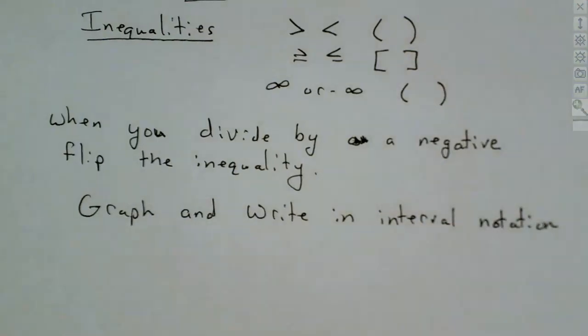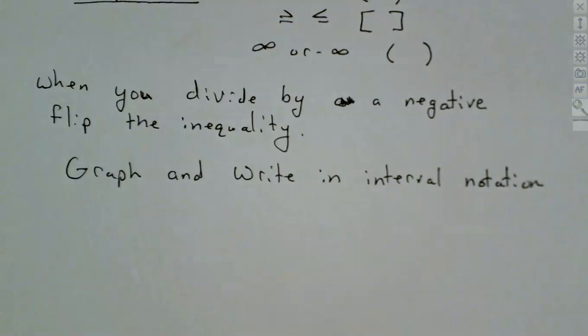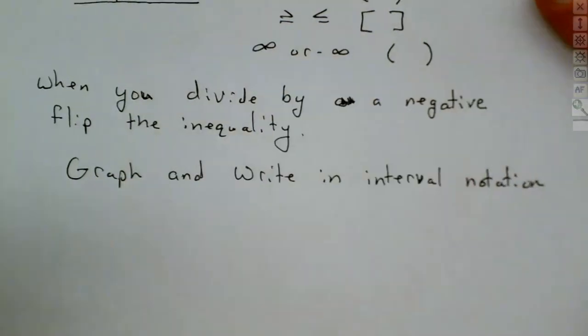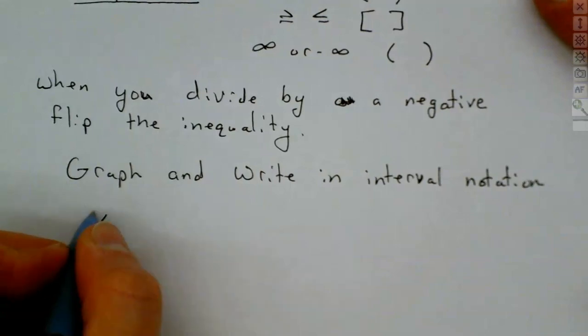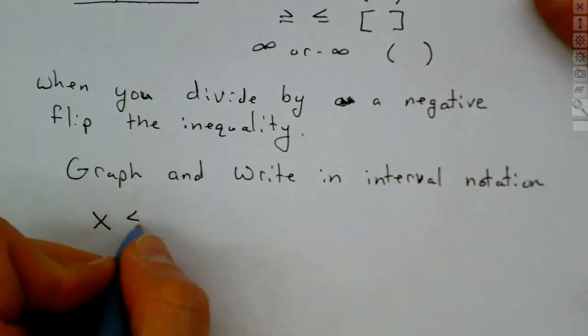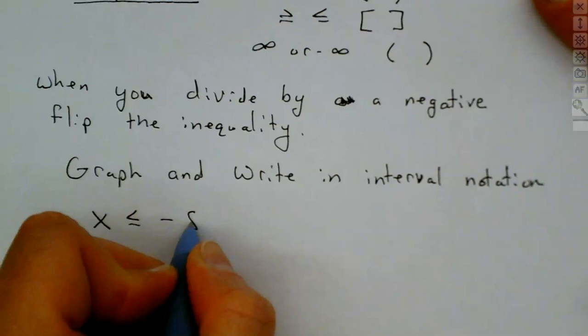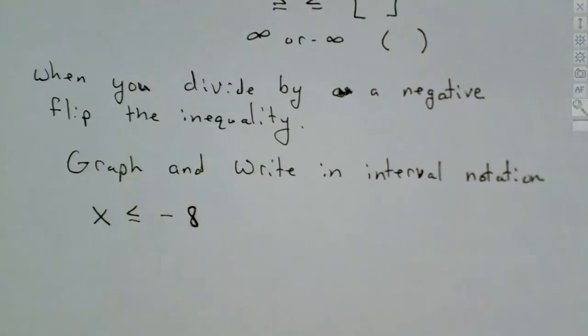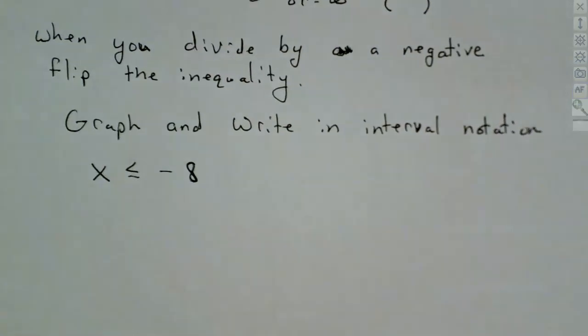I'm going to have you graph these and write your answers in interval notation. And we'll do one that's very easy to begin with. We'll do 2 easier ones. And then we'll do some where we have to actually solve. And again, this should be a review. So I want you to graph this and write it in interval notation.